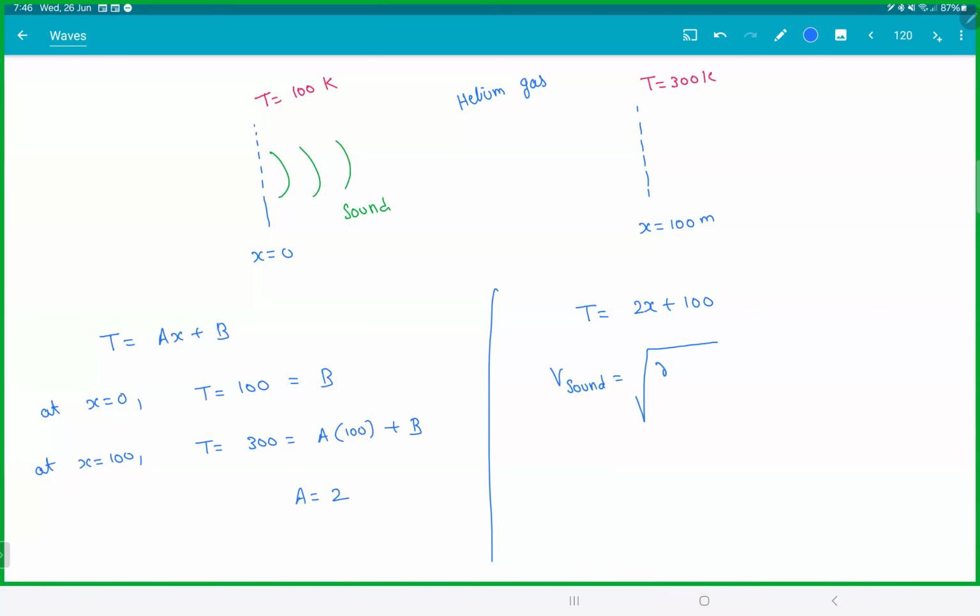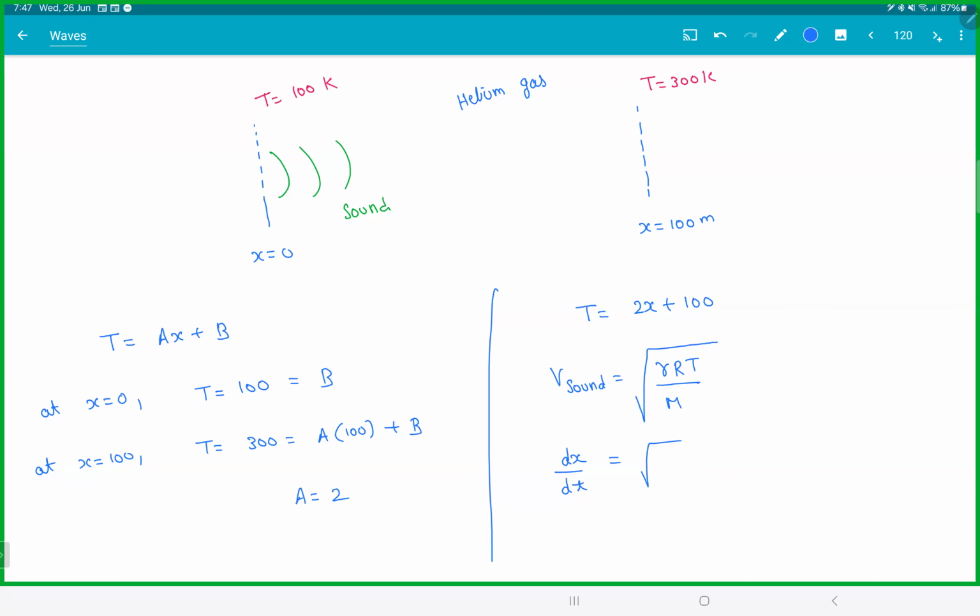Velocity of sound will be root over gamma RT by M. So in this, everything is constant except that T. Now what to do? So this can be written as dx by dt. This gamma R by M is anyway constant.